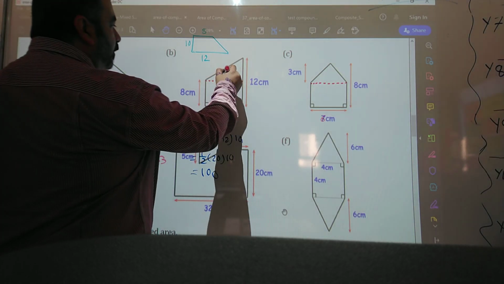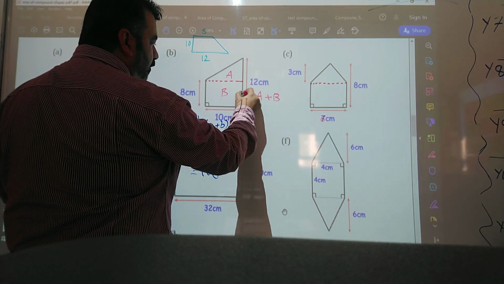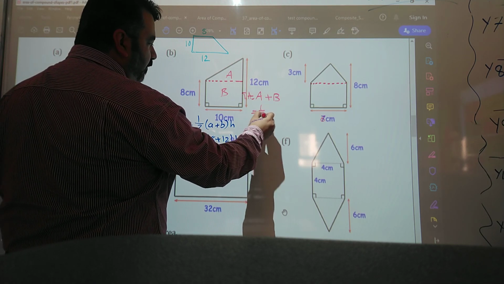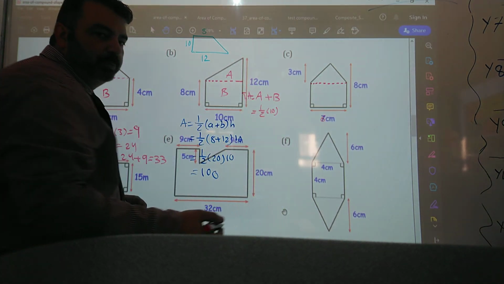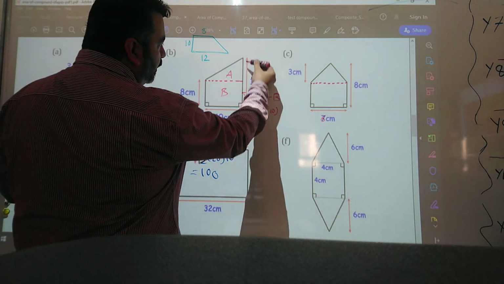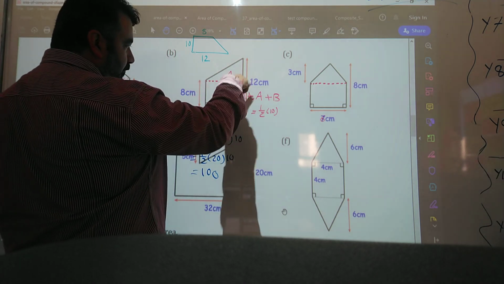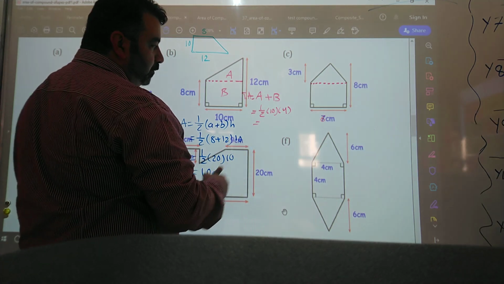It's okay. Now this is A and this is B. So area A plus area B is the total area. Area A equals half times the base, which is 10, times the height. How am I supposed to know the height? Well, from here to here 12, from here to here 8. How much left? 4, right? 12 minus 8 is 4.